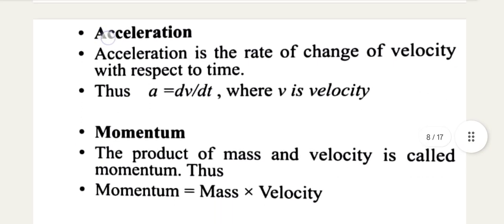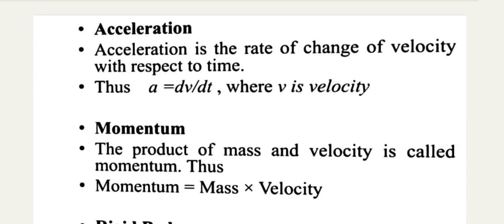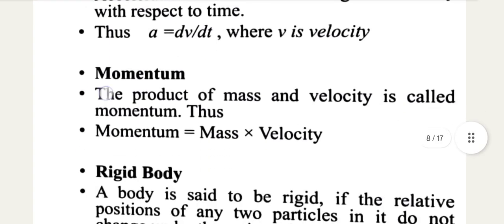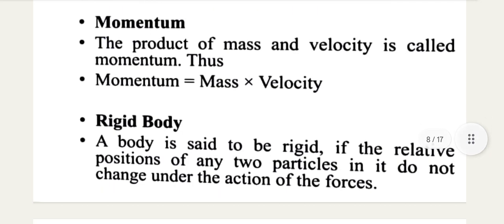Next one, acceleration. Acceleration is the rate of change of velocity with respect to time. Thus, a is equal to dv divided by dt, where v is the velocity and t is the time. Next one is momentum. The product of mass and velocity is called momentum.